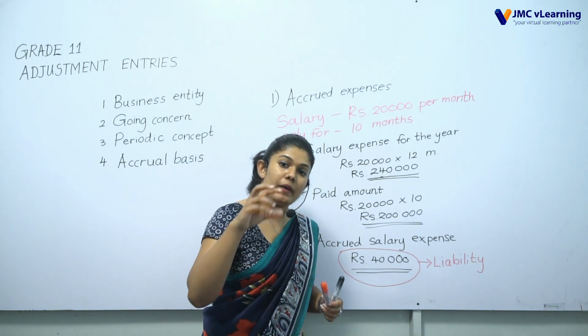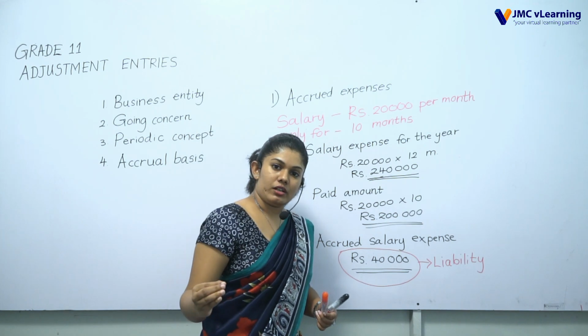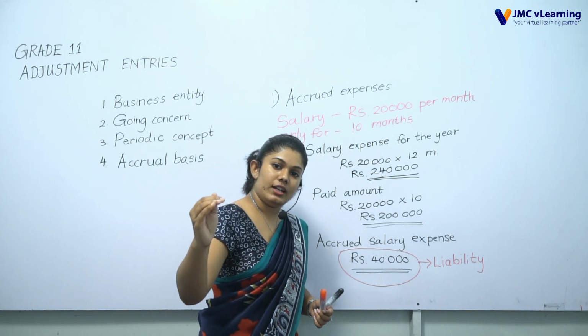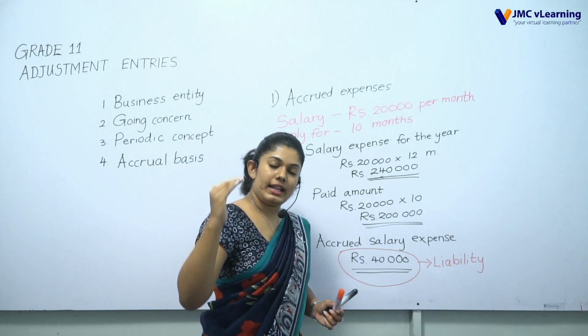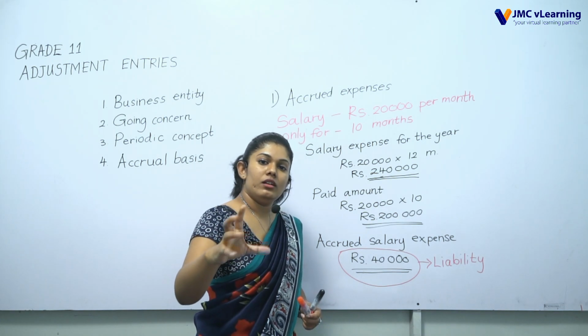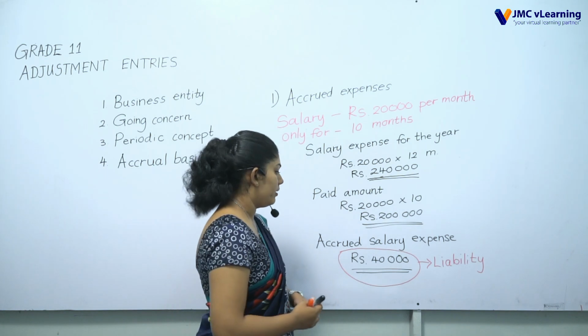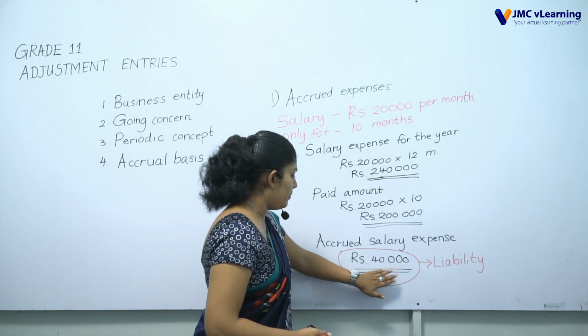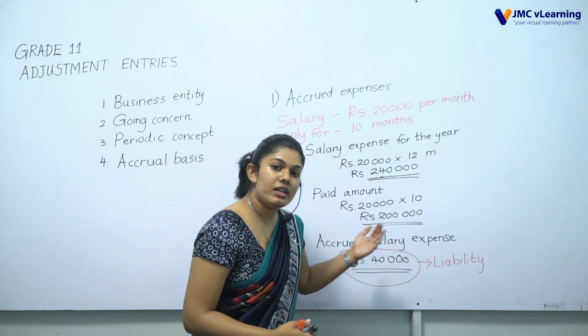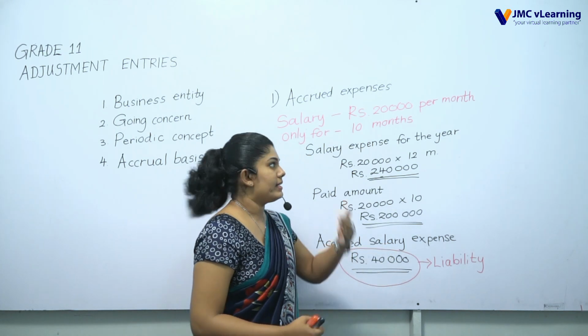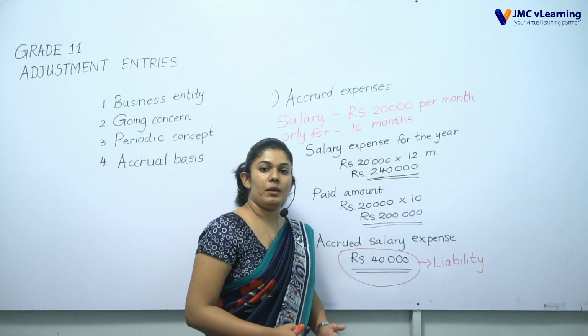And I have to pay it any day in the future. At the settlement, my cash will go outside. My resources will flow outside. And this is a liability because I have already consumed the services provided by my employee.